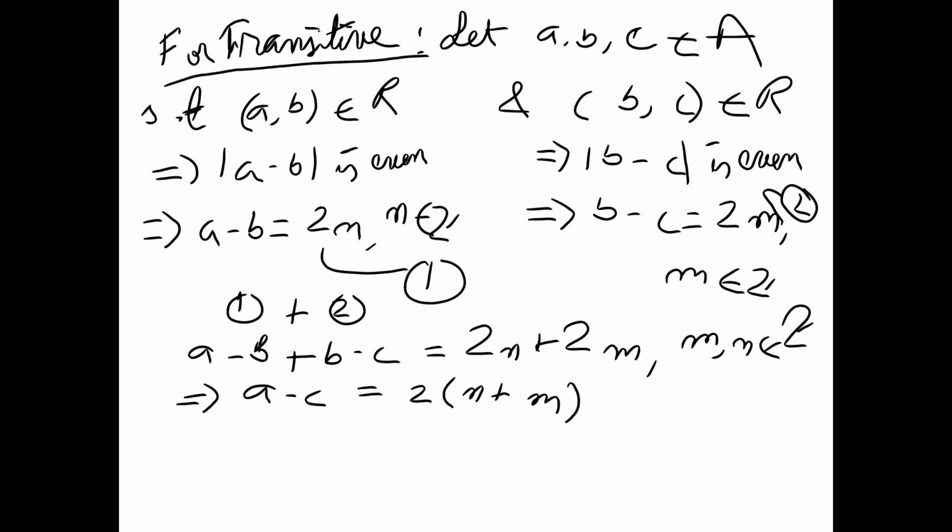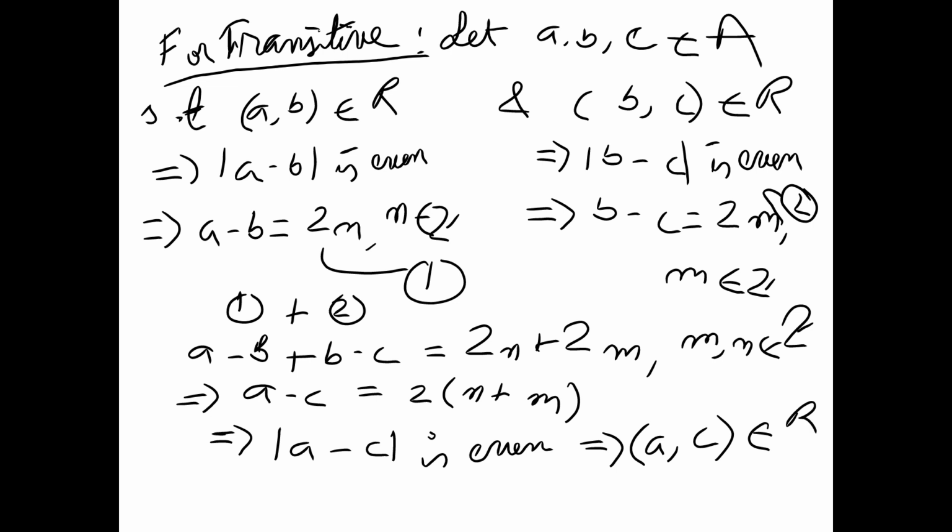This implies the modulus of A minus C is even, so by the relation, A is related to C. The first element is related to the second, the second to the third, so the first is related to the third.